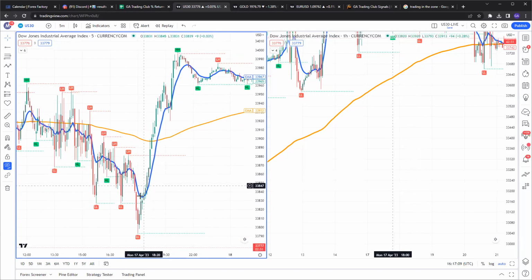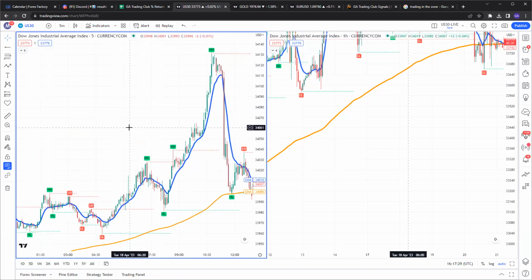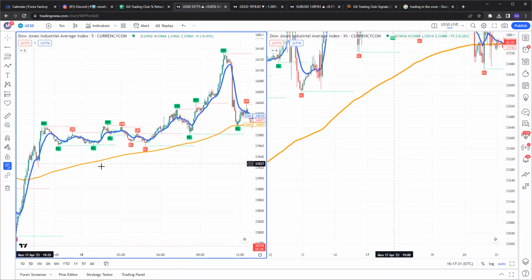When this golden cross formed, price retested. At the very least, you want to see price retesting the 200 EMA and being supported above. Even better, you want to see price retesting the 9 EMA and being supported by the 9 EMA consistently. So that was a valid golden cross right here.